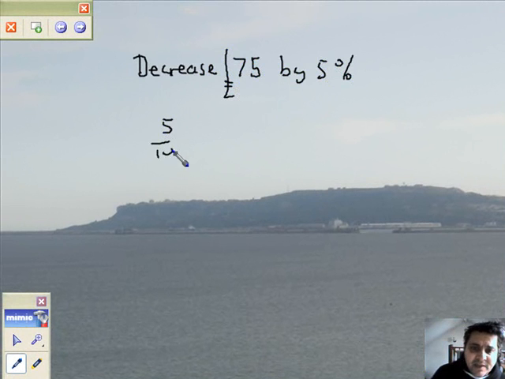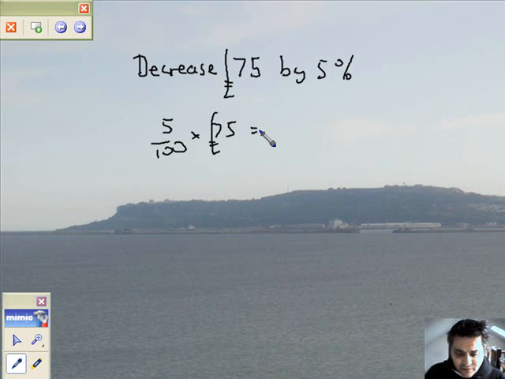Work out 5% of £75. Grab a machine, and I'm not going to show the machine obviously, but listen to what I'm saying. I'm saying 5 divided by 100 multiplied by 75. That will give us £3.75. Alright, now it's not the final answer.